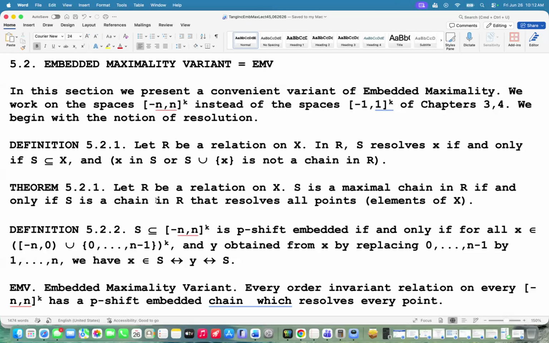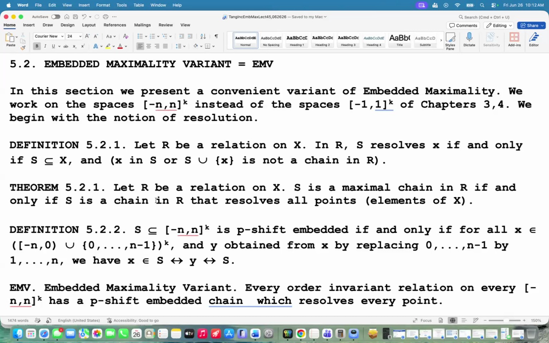Okay, and now we have the notion of P shift embedded, which we talked about last time, which is a special case of my usability kind of ideas, right? And it's the one that's closely related to what was reversed in chapter 4.